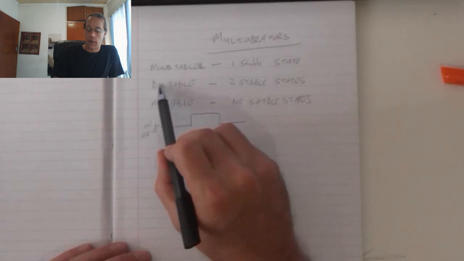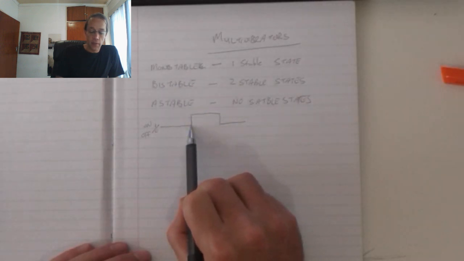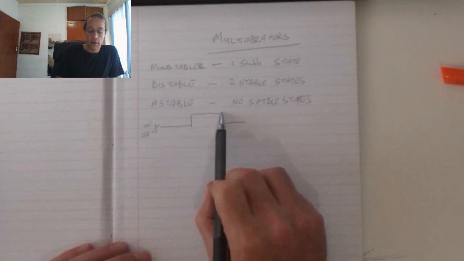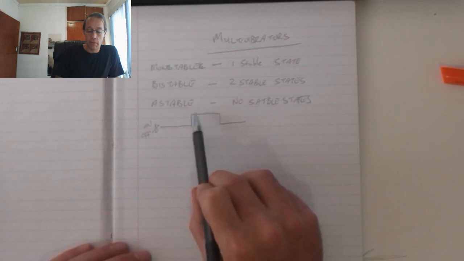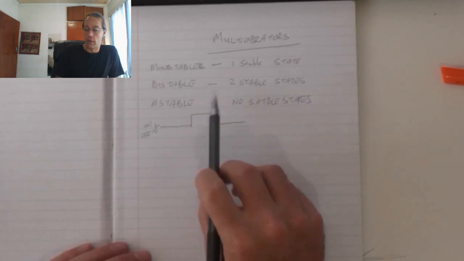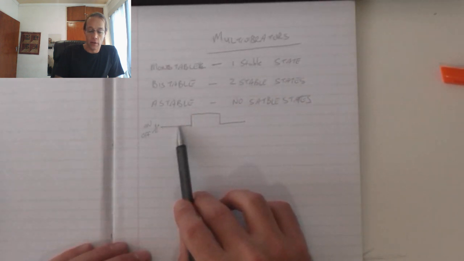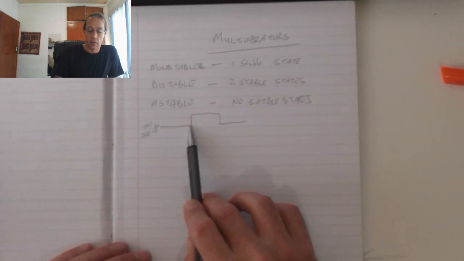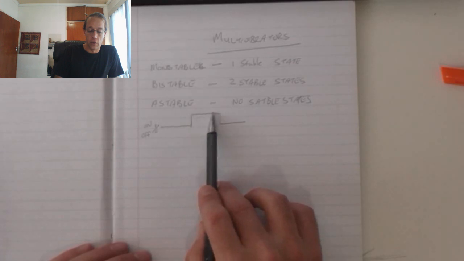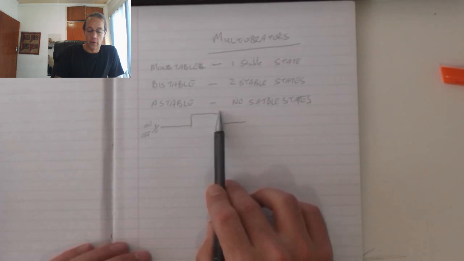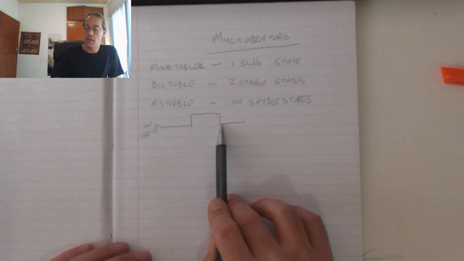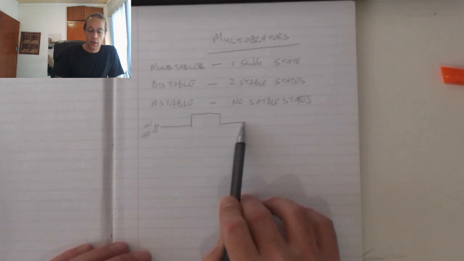Okay, so for the bistable, that changes manually, because it has two stable states. For the monostable, which has one stable state, it will stay in the low position, and once it is triggered, it will stay in the unstable state for a duration, and then automatically it switches back into the normal stable state.